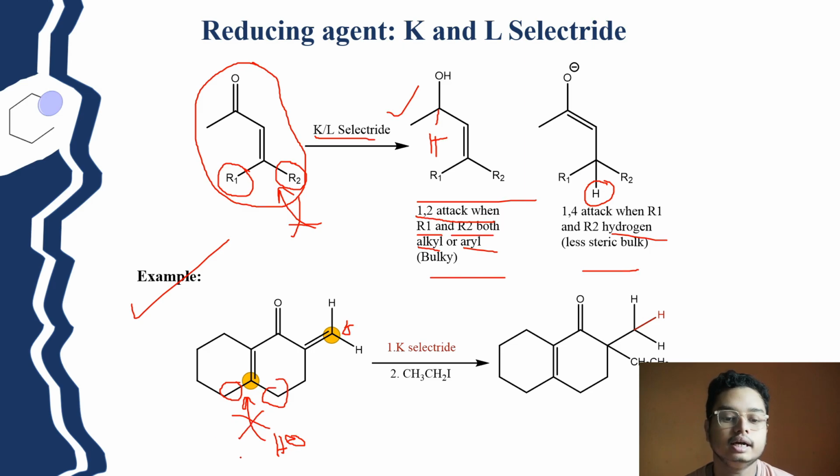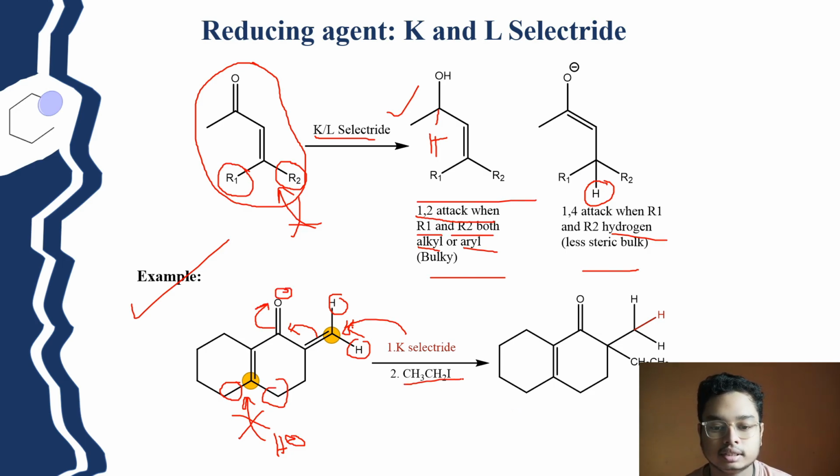So it will not attack from this center, whereas here you can see this is also an alpha beta unsaturation position, and at this 1,4 position there are two hydrogens, that means less steric bulk, so it will initially attack from here, this bond goes there, and this gets a negative charge.